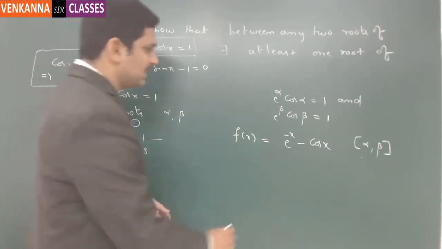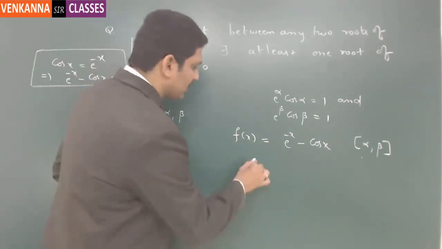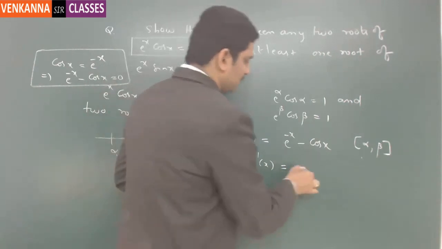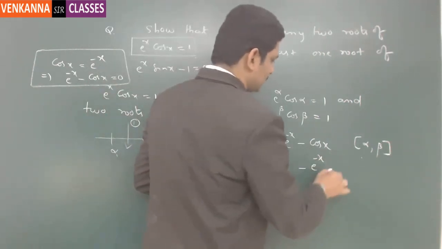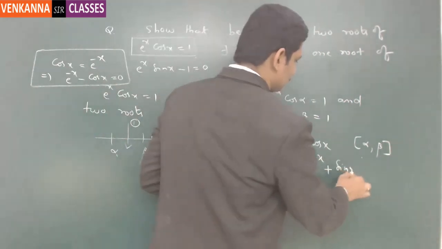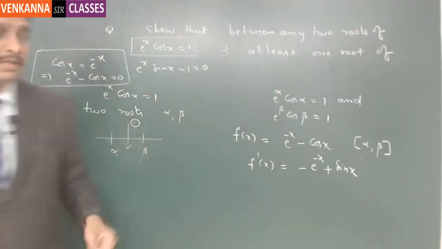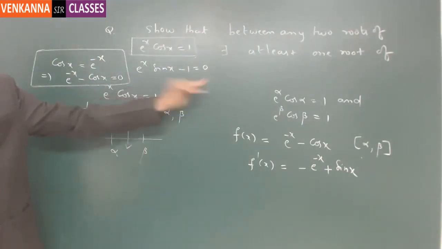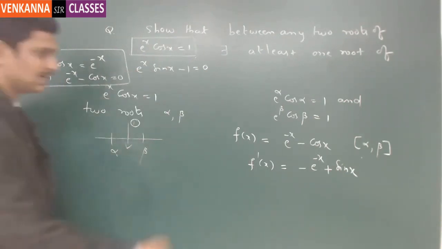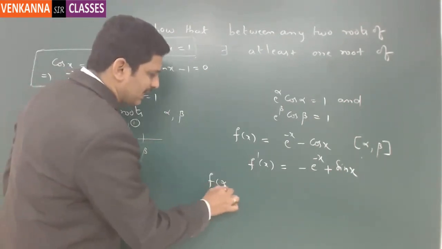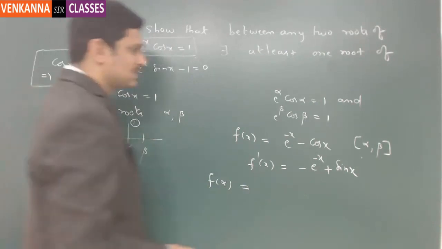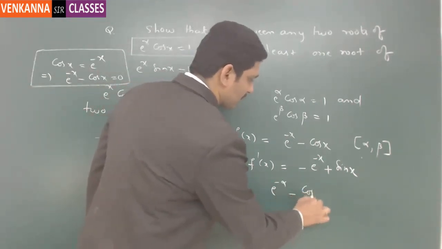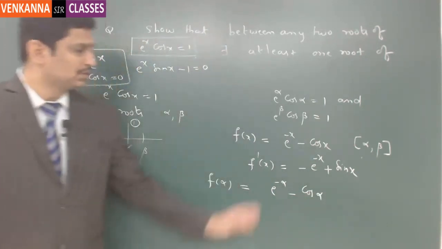Now if you consider f dash of x, it will be minus e power minus x plus sin x, and f satisfies all the three conditions of Rolle's mean value theorem, because if you calculate f of alpha, it is nothing but e power minus alpha minus cos alpha.